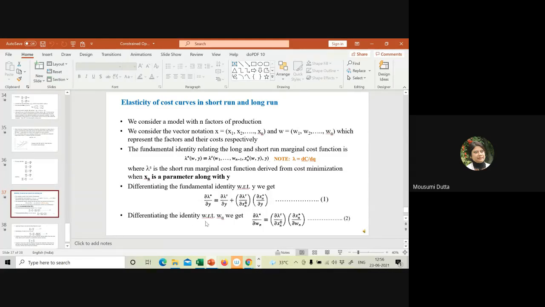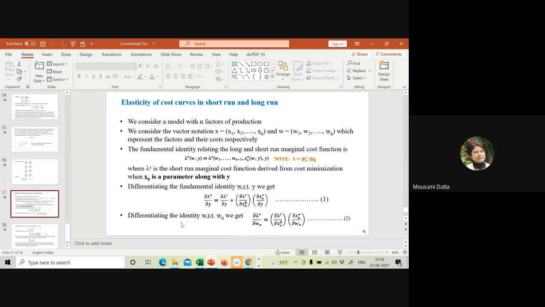Next, differentiating the identity with respect to Wn, we get del lambda star by del Wn. Why am I bringing Wn? Because Xn is the constant factor. Del lambda star by del Wn is equivalent to del lambda s by del xn into del xn star by del Wn. Xn star is a function of all w values and y. So when we are taking the derivative with respect to Wn, we are getting this component.